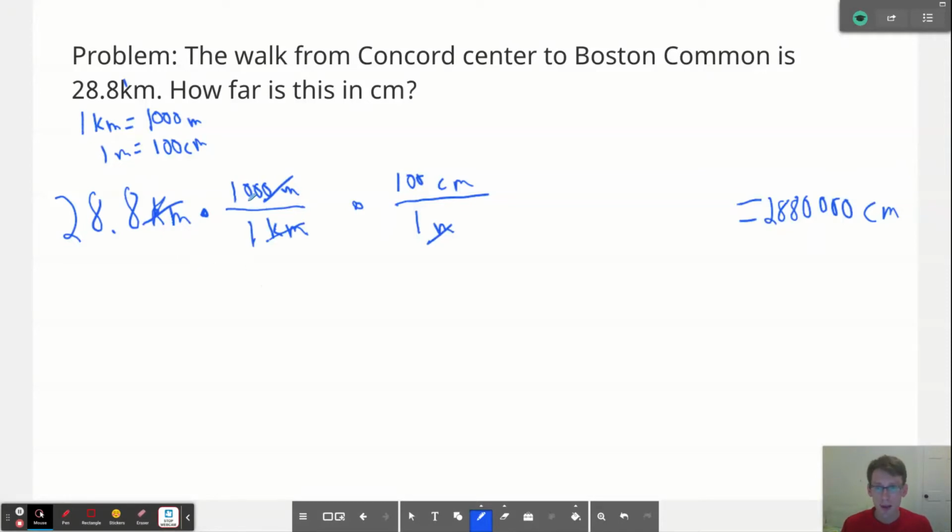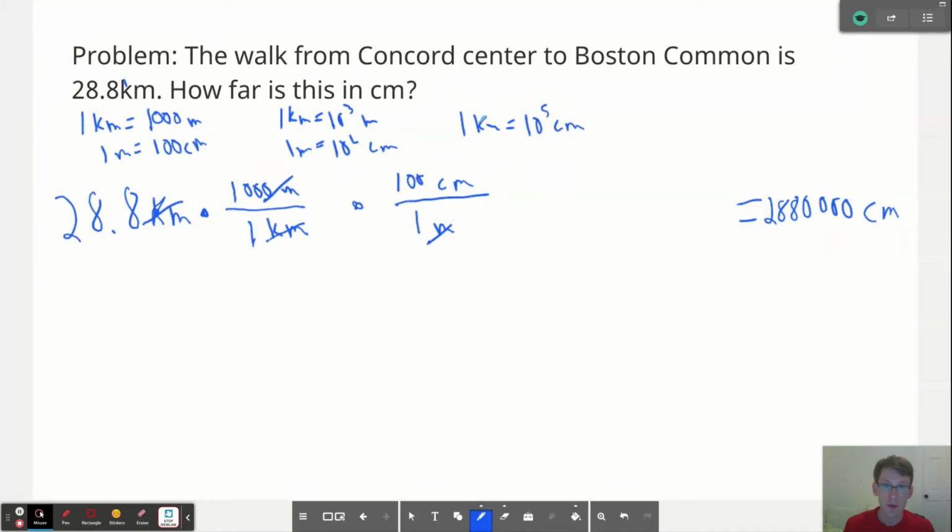I could have done this in one step if I did know the conversion factor. 1,000 times 100 would be 100,000. I could just add the exponents: 1 kilometer equals 10 to the third meters, and 1 meter equals 10 to the second centimeters, so 1 kilometer is equal to 10 to the fifth centimeters.